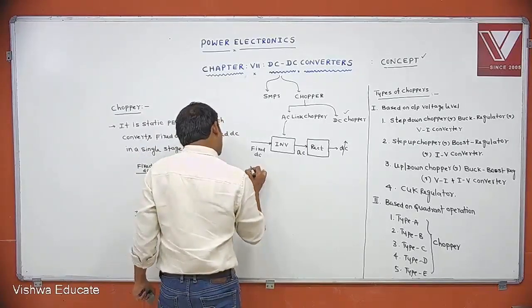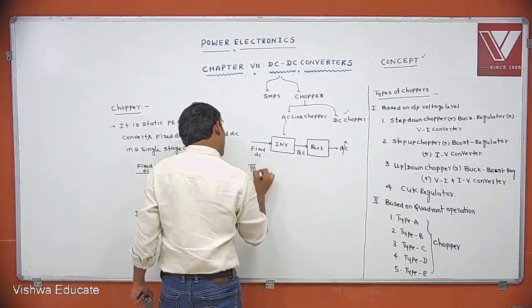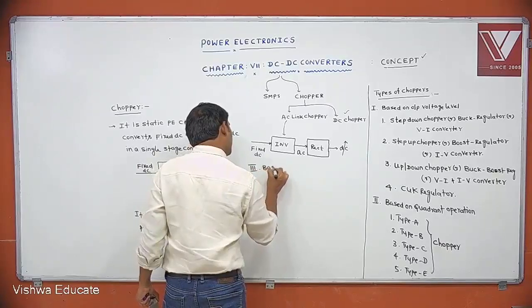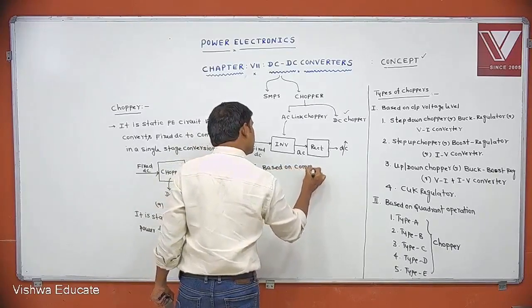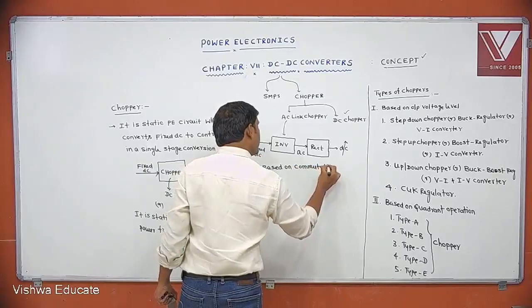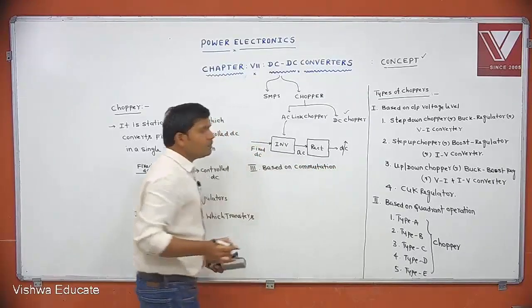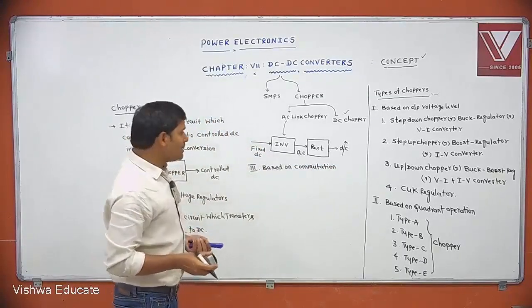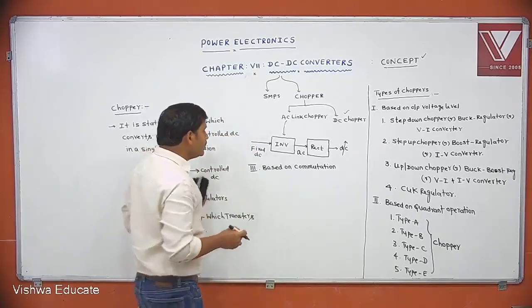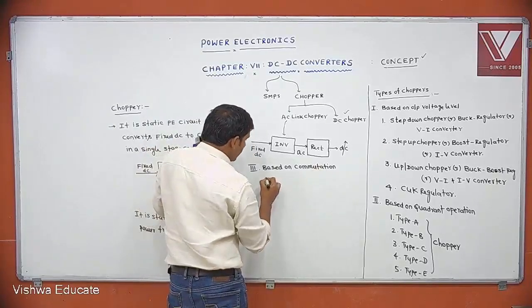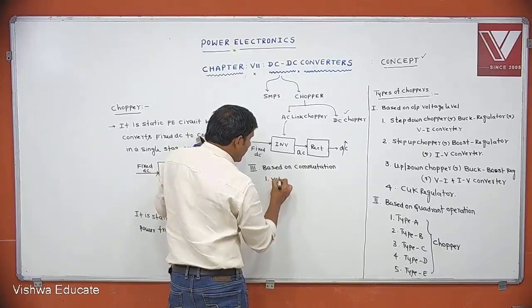The third one is based on commutation. Based on commutation, the choppers are classified into, one is voltage commutated chopper.